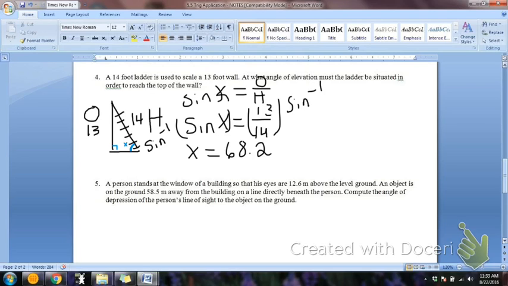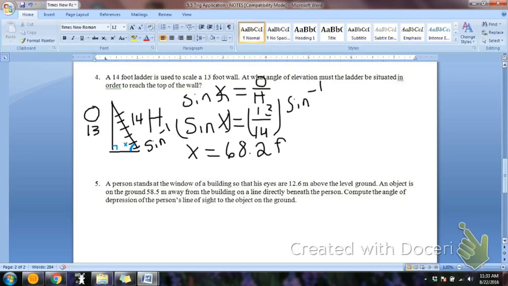Okay, Dakota has 68.2. What do you have? 68.2? All right. Yeah, around 69. I have 68, but I have rounded that thing up. Okay, no, you don't need to round it. 68.2 feet. Is it feet?